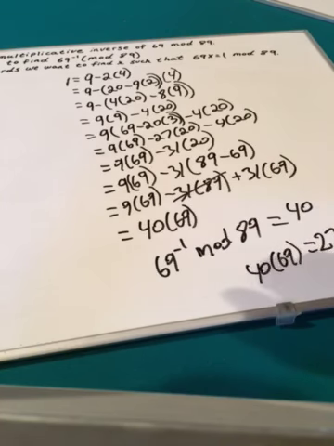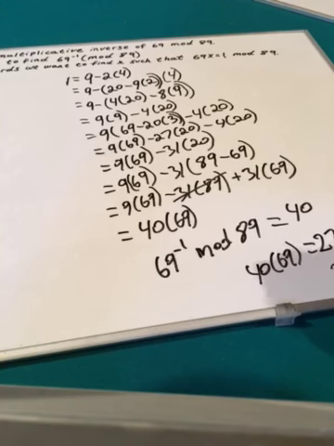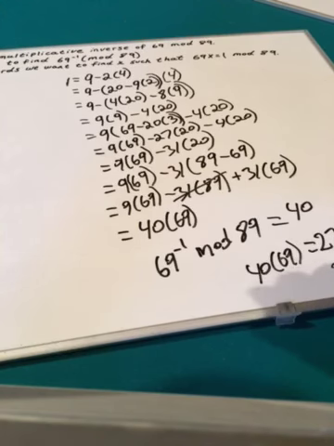Well, 31 times 89 is 2,759. But that is 0 in mod 89. So plus 1. So the remainder is 1. And the remainder is what you equal. So the remainder is 1. And 1 is the same exact thing as 2,760 in mod 89.